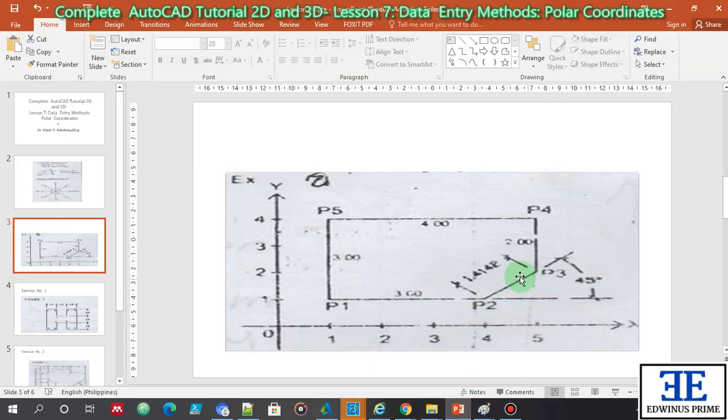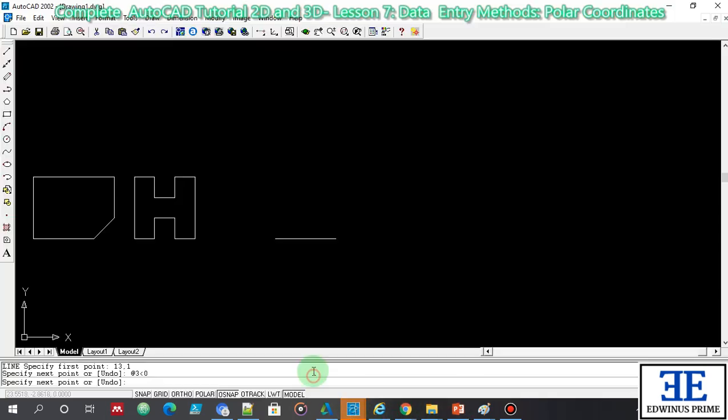P2 to P3 is the distance 1.4142. The angle is 45. At 1.4142, the angle is 45 degrees.